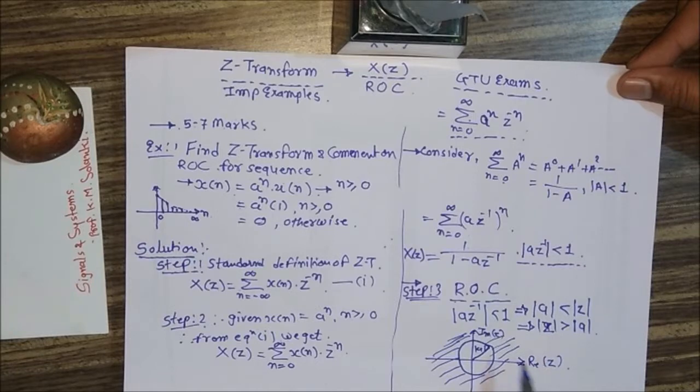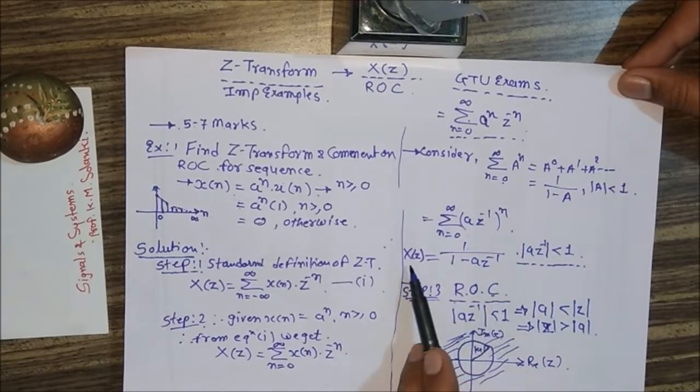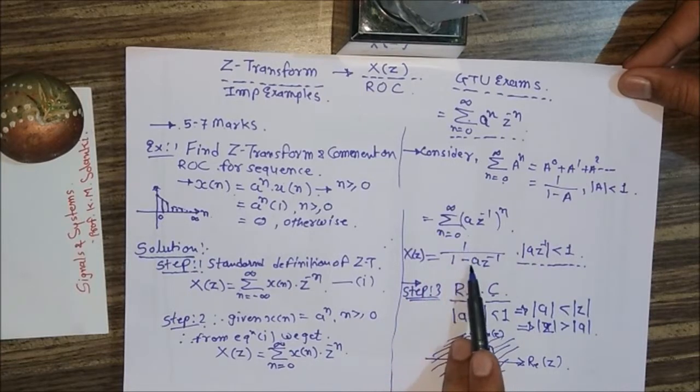All the region up to infinity beyond the outer side of the circle of radius a becomes the ROC of the given x of z. So x of z is 1 upon 1 minus a z inverse, and the ROC is the outer region of the circle of radius mod a.